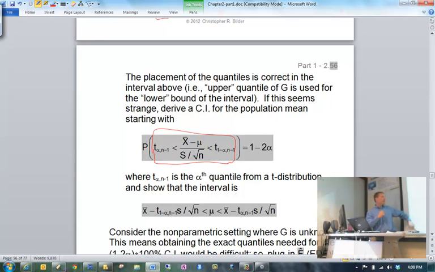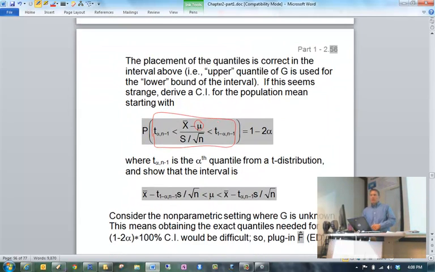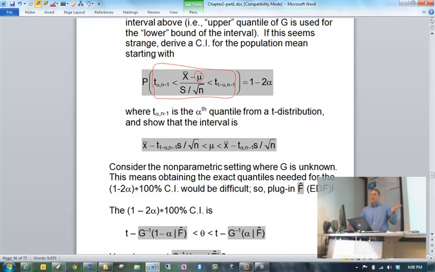So notice how I have the lower quantile from a t-distribution, and I have the upper quantile from a t-distribution. And through the algebraic steps that you go through to only have mu in the middle of this inequality, what ends up happening is that you get the upper quantile on the left side and the lower quantile on the right side. Now, does that interval look a little bit different from how it's usually presented?